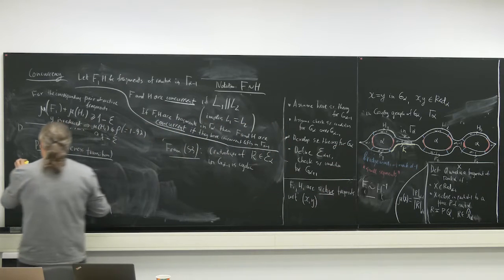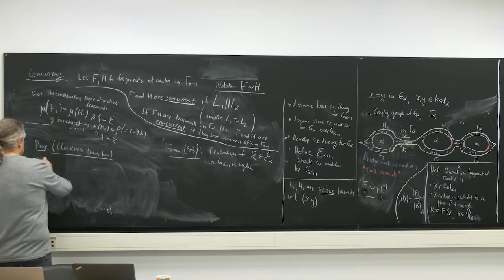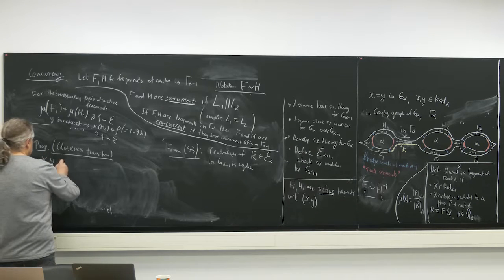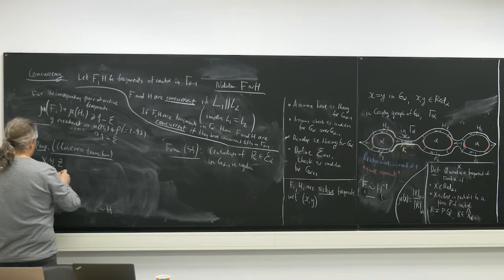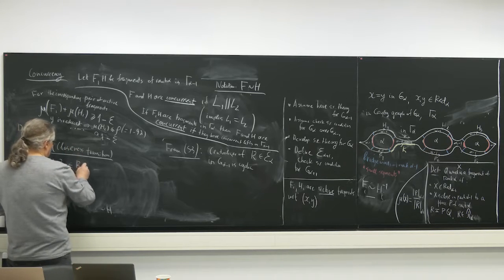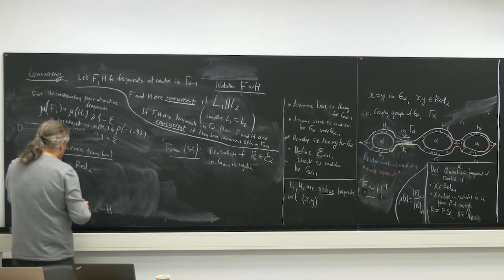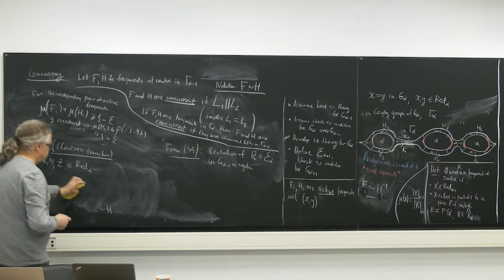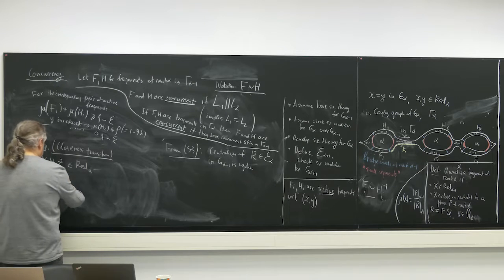So if we have, say, X, Y, Z reduced in alpha. But actually I consider them as paths in the Cayley graph. So we have a picture.